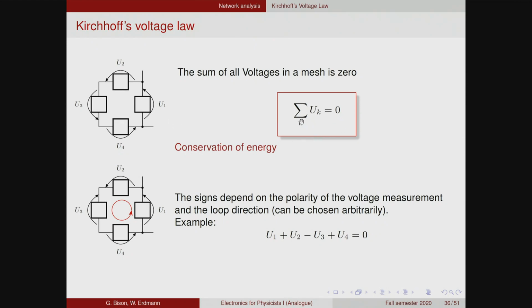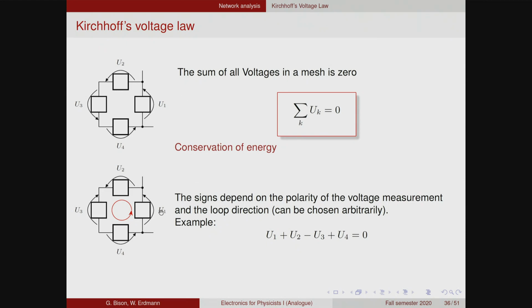And for that reason, the sum of all these voltages has to be 0. Again, here we have to think about the sign convention in order to make this useful. And here in this case, we define a sense of rotation and have all the sign conventions parallel to the sense of rotation.